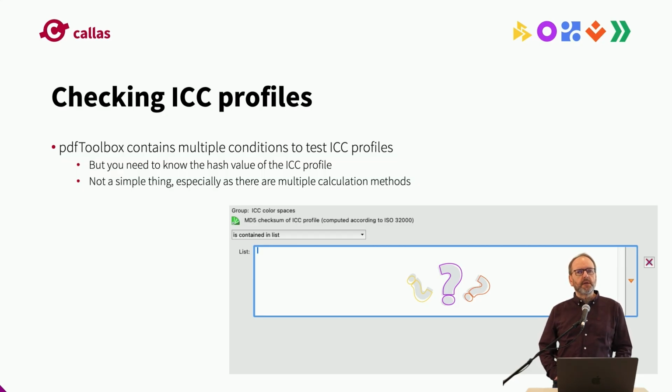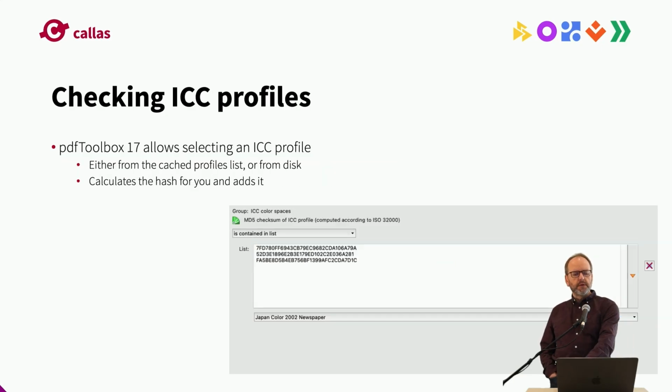And the way to do that is you can look at a checksum and then compare the checksum of the ICC profile in the file with a list of valid checksums. That sounds very easy in theory. In practice, it's a little bit annoying because you have to figure out the correct checksum to use. And so the question in the past was, what are the checksums for the profiles that I consider good?